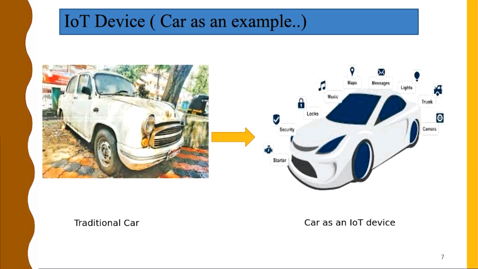But suppose you are getting late from the office, and you are getting late to get to the university or the college, and you can switch on the engine of the car from your living room. You can turn on the engine of the car that is parked in the garage. If it has some kind of network connectivity, then only we can call that car an IoT device.